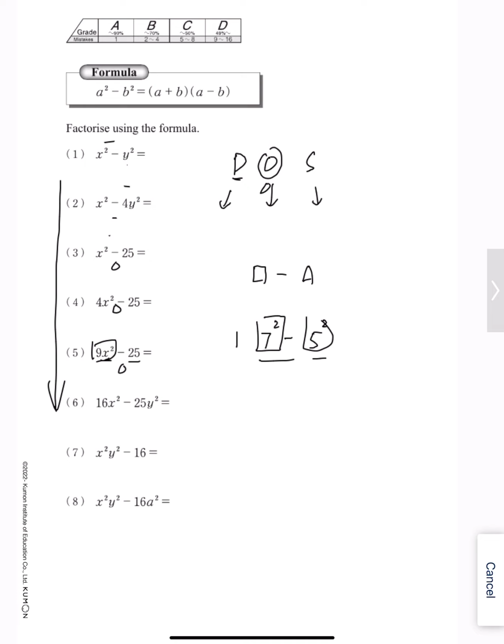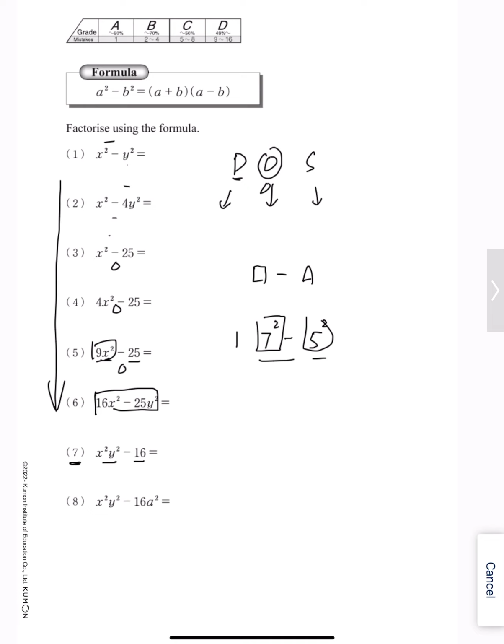And that's what you're trying to find out. You have the Lego piece and you want to break it apart based on the rule that if I can see it's two numbers subtracting each other, I can actually break it down into pieces. For example, question number 7, x squared y squared minus 16.